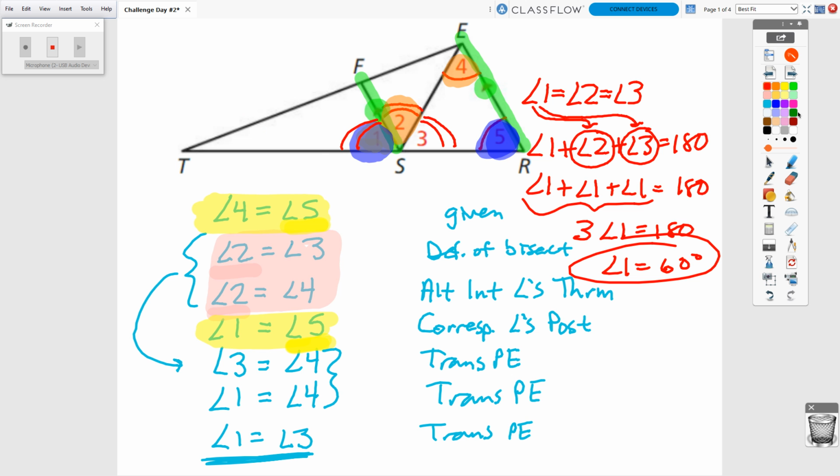So in the end, angle 1 is 60 degrees, angle 2 is 60 degrees, angle 3 is 60 degrees. Also angle 4 and angle 5 are all 60 degree angles. So what initially looked very odd and maybe hopeless in terms of actually figuring out a number for angle 1, actually worked out pretty nicely here.